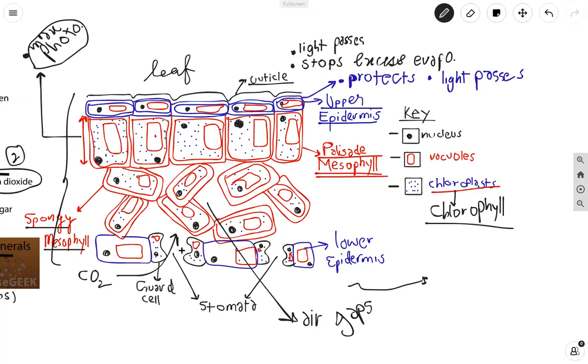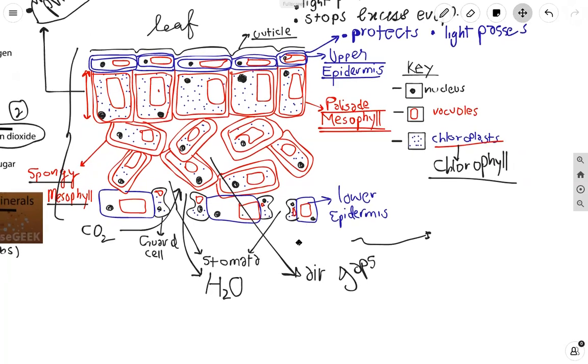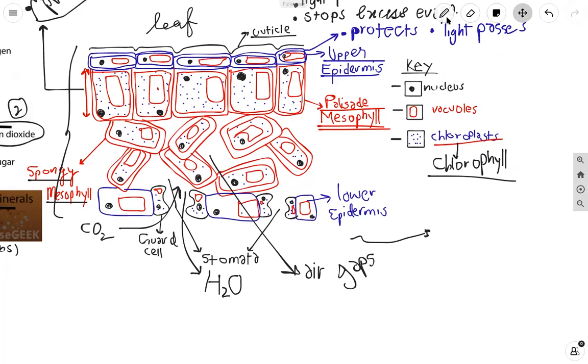Another thing I would like to mention is that H2O, which is the chemical representation of water, is also given out. This phenomenon of the plant giving out water from the leaves through the stomata is known as transpiration. Transpiration is different from evaporation, and we'll get to why in a second.